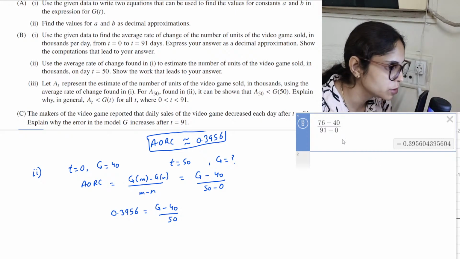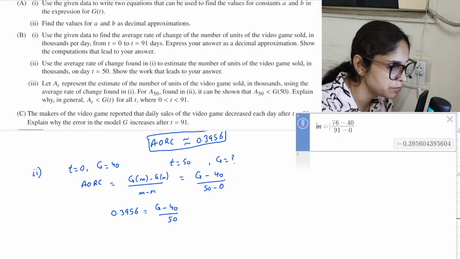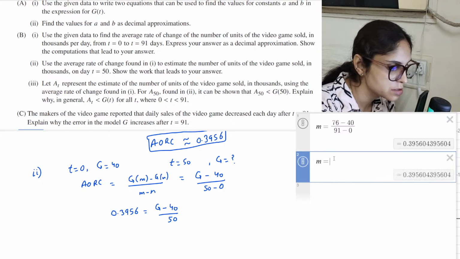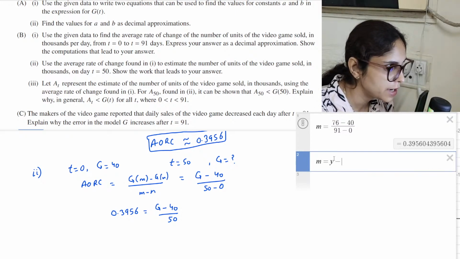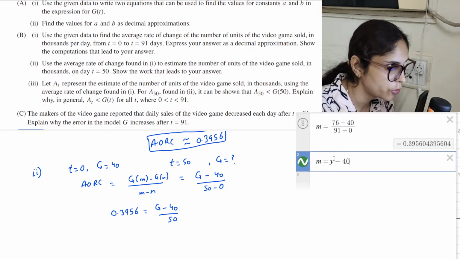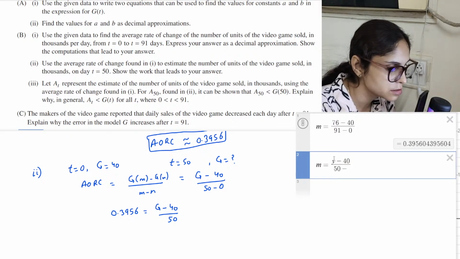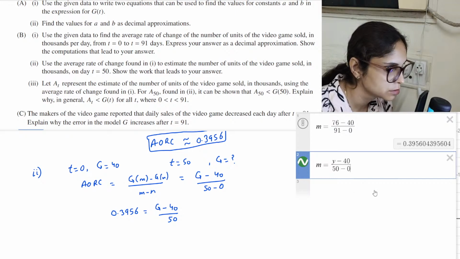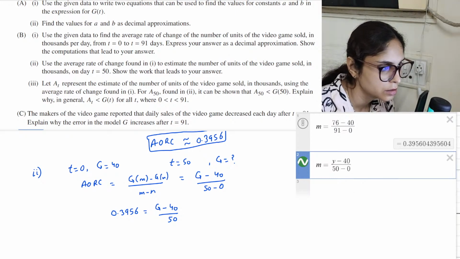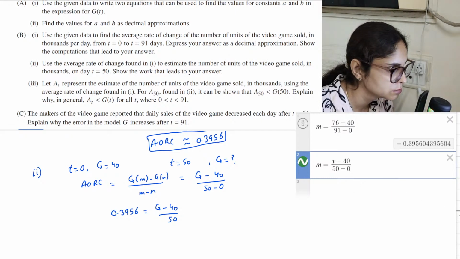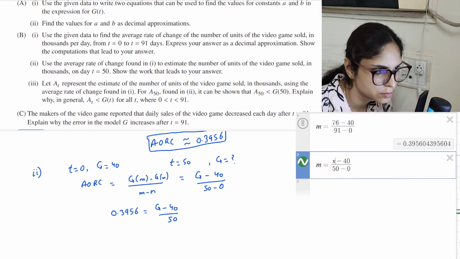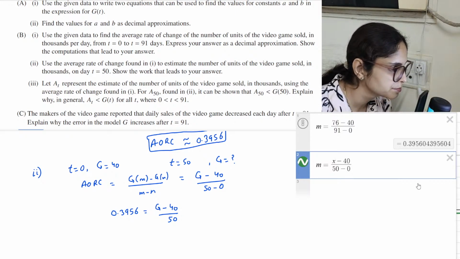So in Desmos, I will call this the average rate of change, which is M. And M is equal to Y minus 40 divided by 50 minus 0. Okay, it is weird.